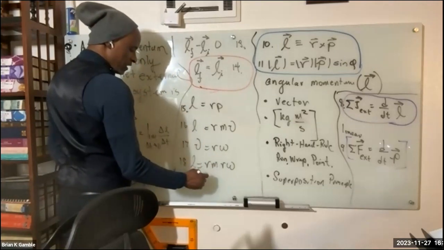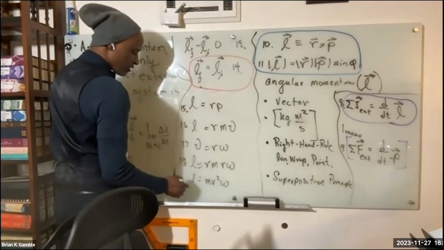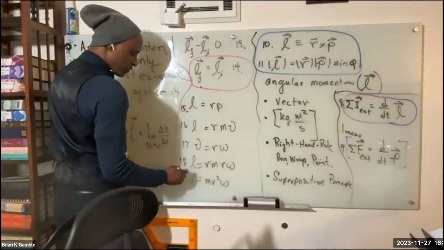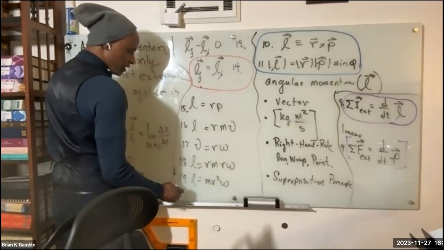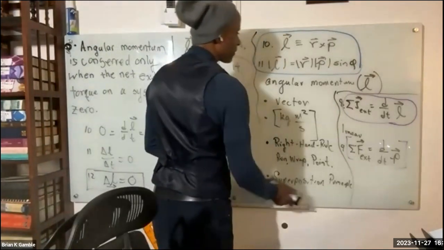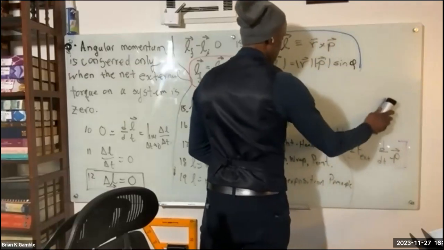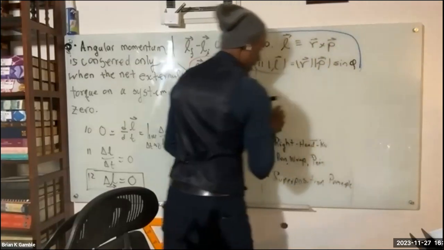Well, we can simplify that. This becomes m r squared omega. And that's where we use the general definition for moment of inertia. Here we get the equation that you might actually be familiar with. If you've been reading the chapter, I know you've seen it, but you might have seen it before coming into this class.